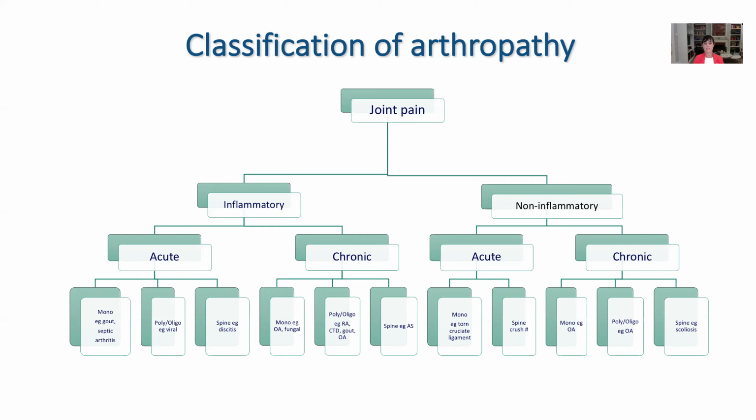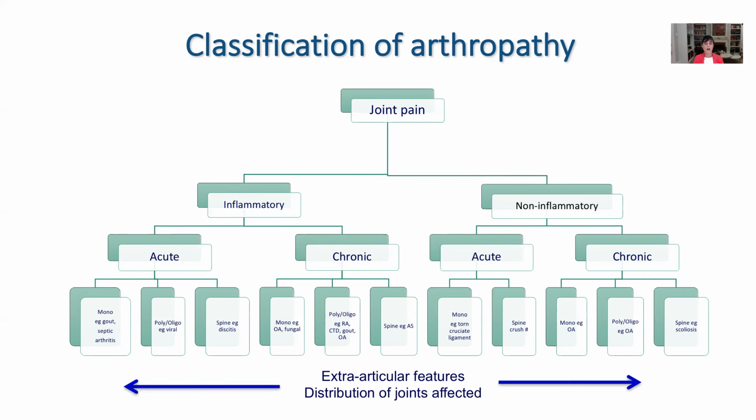And I'm going to go through some of these in more detail. Of course, once you have a short list of potential causes of, for example, an acute inflammatory monoarthritis, by looking more closely for extra-articular features as well as the distribution of joints affected, will allow you to shorten that list even further.